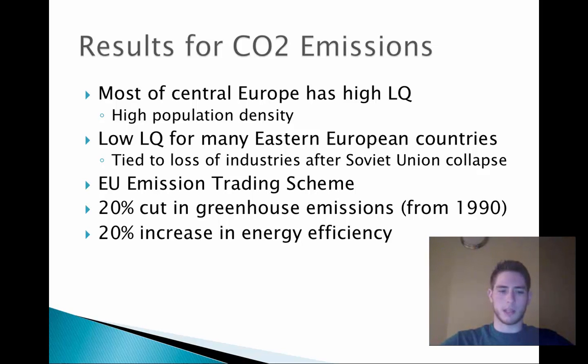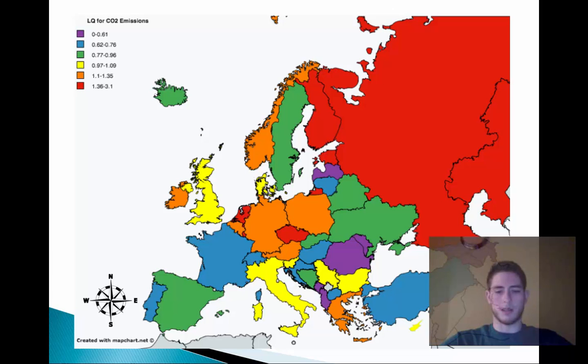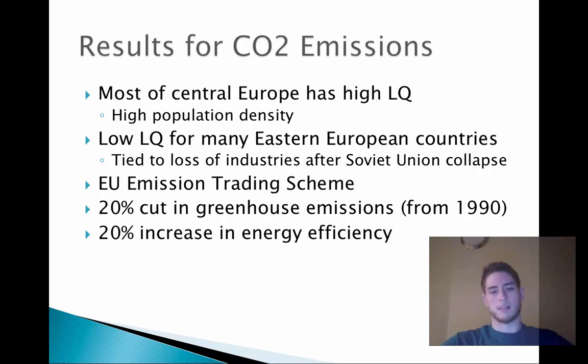There's a lower location quotient for many of the Eastern European countries, Ukraine, Belarus, countries in that area. A lot of the emissions dropped after the Soviet Union fell because a lot of the heavy industries died off after that. So that was a kind of benefit of that all happening. It cleaned up the emissions significantly.